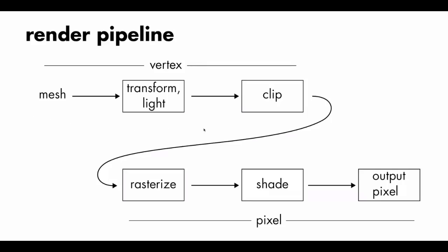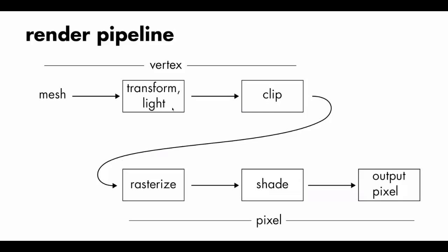We have two basic parts of that pipeline. One is concerned with the vertices, so like vectors that make pixels. And at some point we convert those into pixels on screen, and then we do things on the pixels.